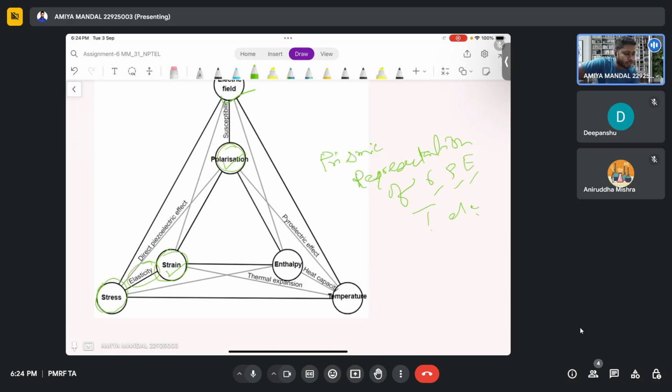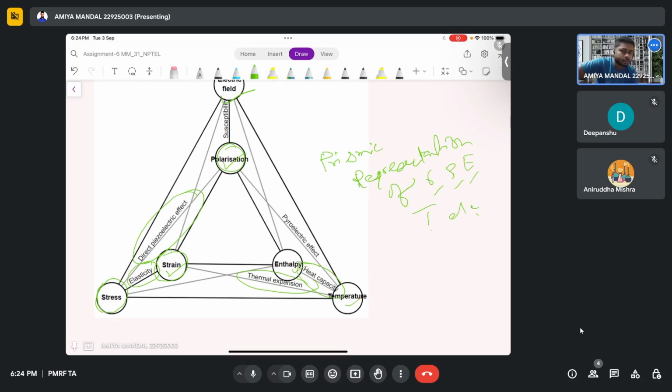Polarization and stress are related with the direct piezoelectric effect. Similarly, temperature and strain are related with thermal expansion. Enthalpy and temperature are related with heat capacity.